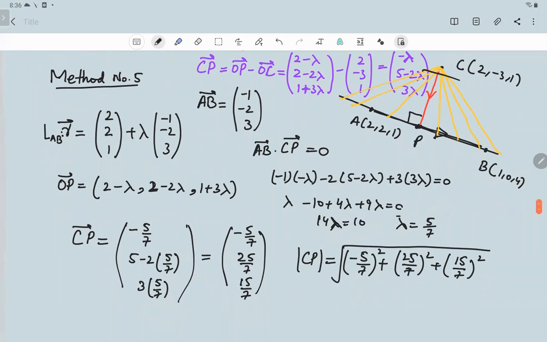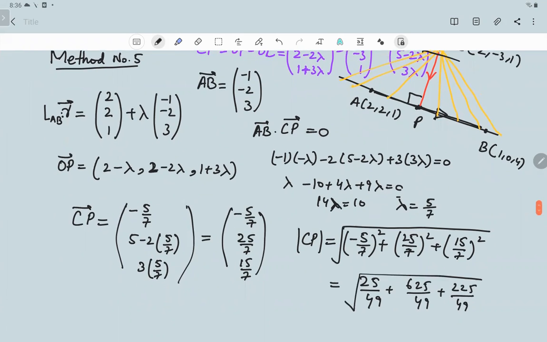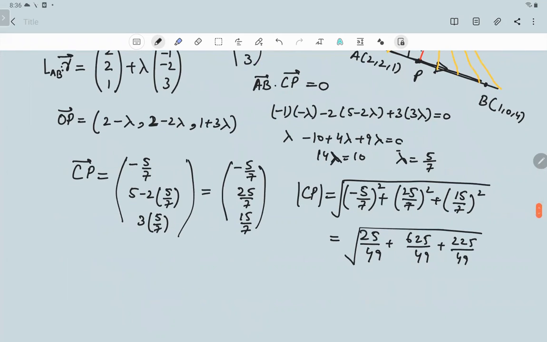If you simplify it, it is 25 over 49 plus 625 over 49 plus 225 over 49, which is 875 over 49.